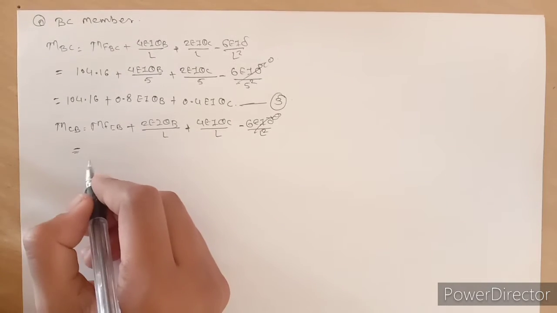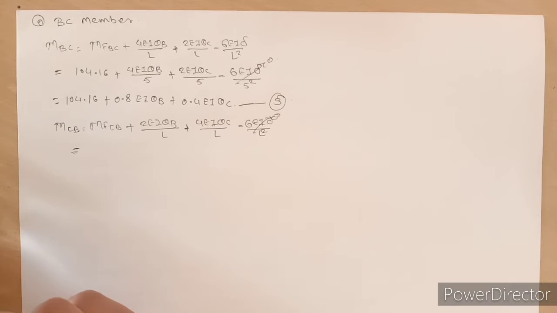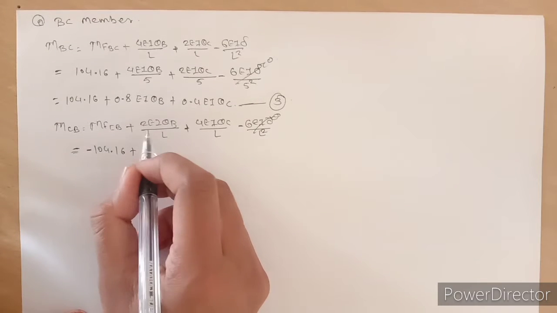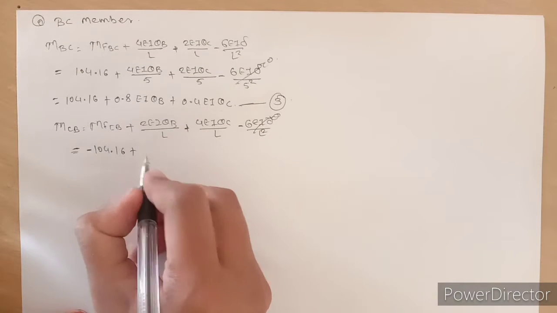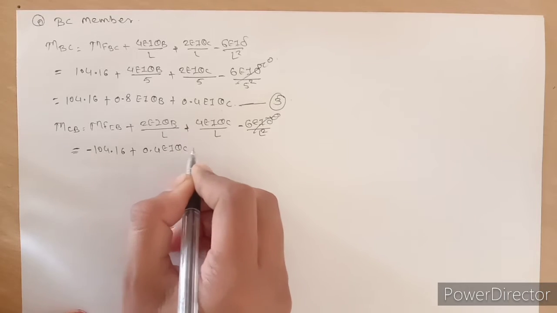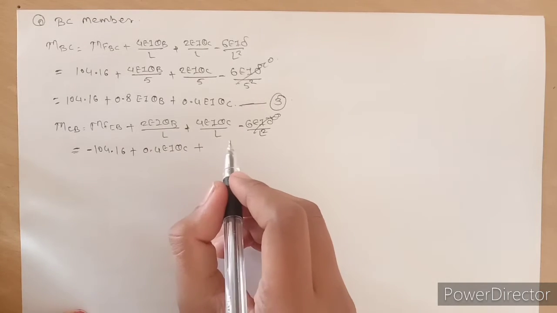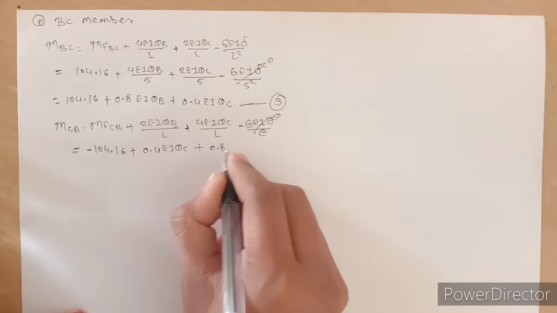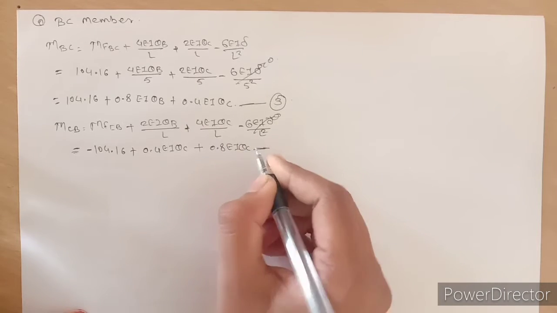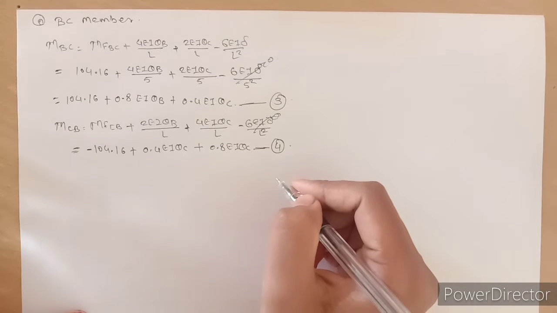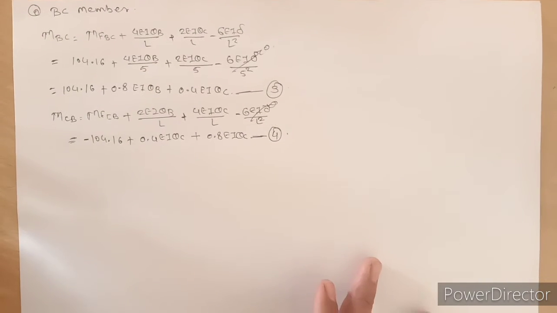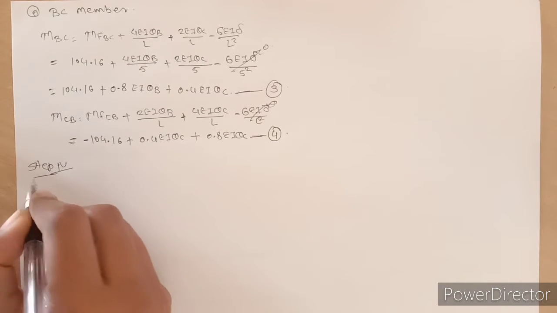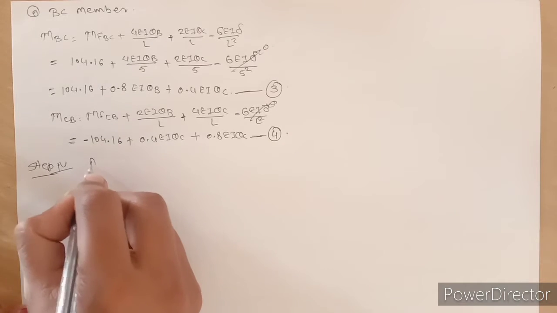The fixed moment for member CB is minus 104.16, plus 0.4 EI theta B plus 0.8 EI theta C. This is equation number four. Then after that, step number four: apply the equilibrium conditions.